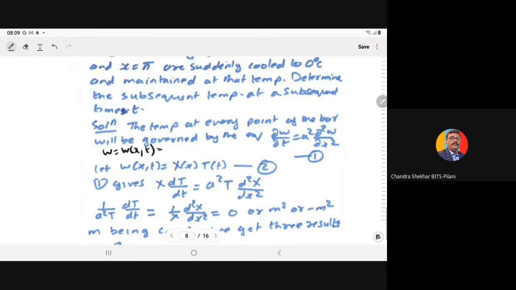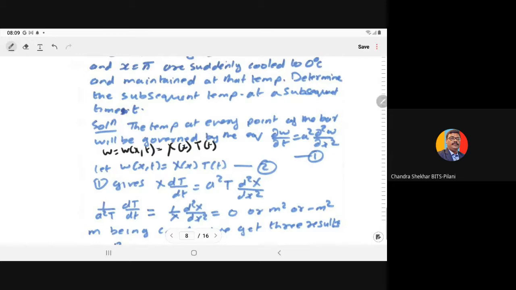So let us assume W is the product of two independent functions, W equals X into T, where capital X is an explicit function of x and capital T is an explicit function of small t.